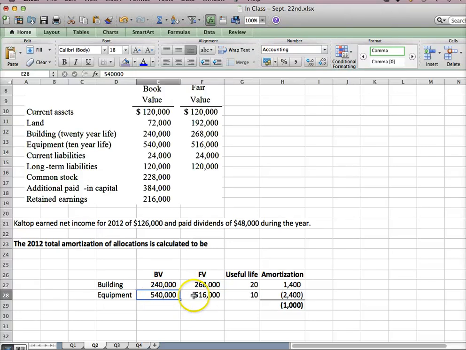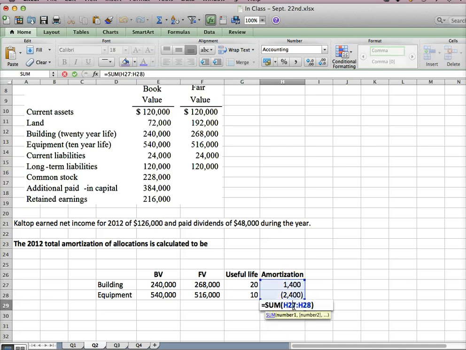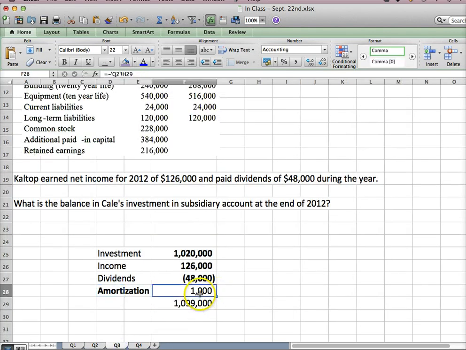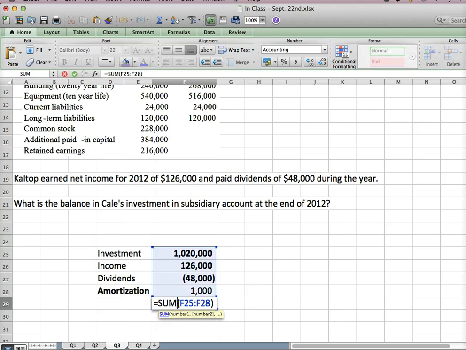We're over depreciating, and we need to reduce that expense by providing this credit of 2,400, and since we have a debit of 1,400, the net amortization adjustment is a positive 1,000, increases income, and as you see here, it actually does increase the investment account as well.